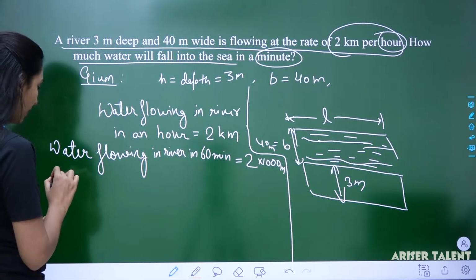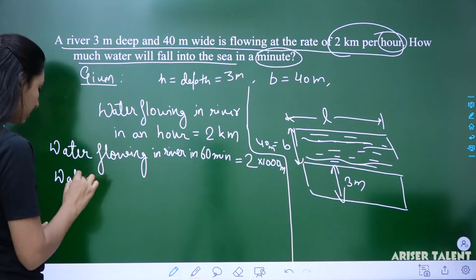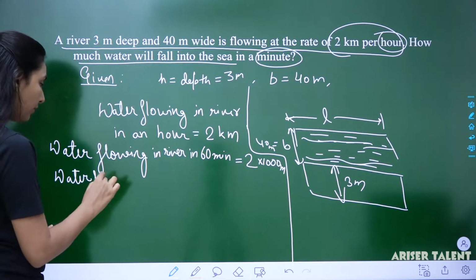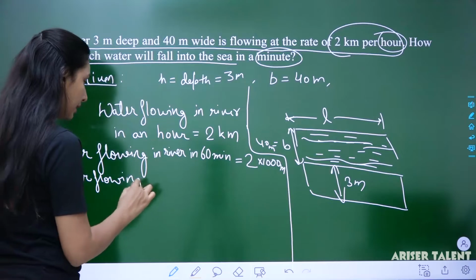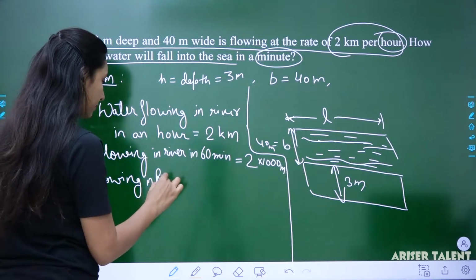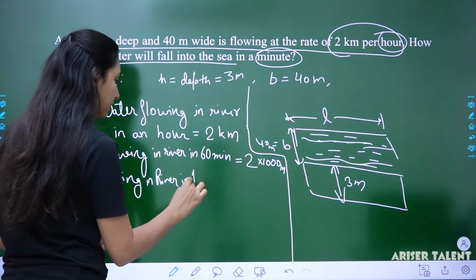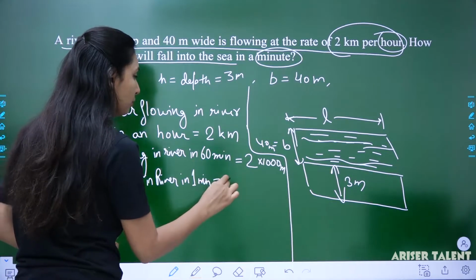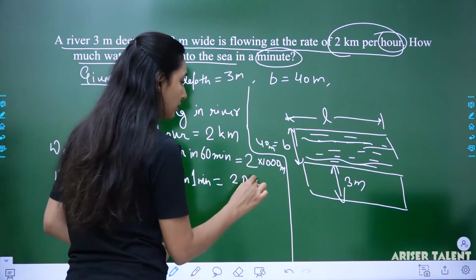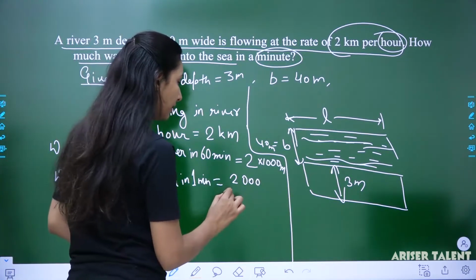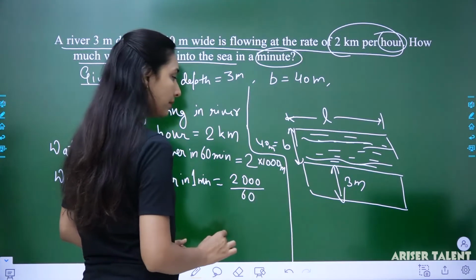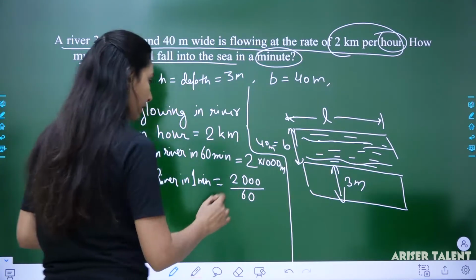Now I'll have water flowing in the river in 1 minute equal to what? 2000, which is meters, divided by 60 minutes.